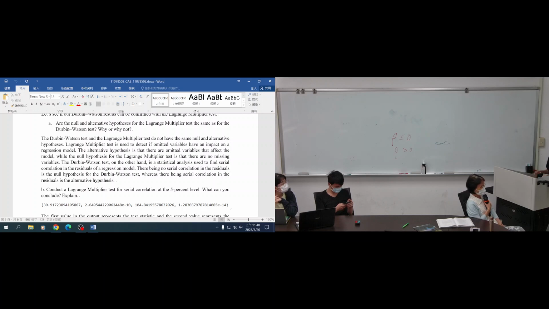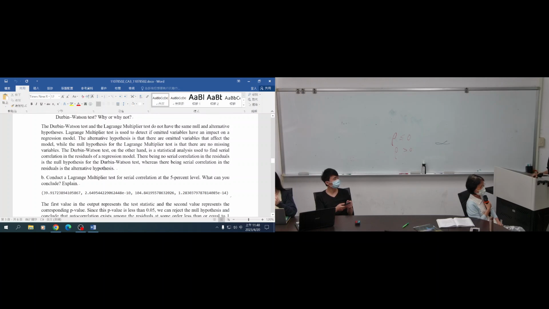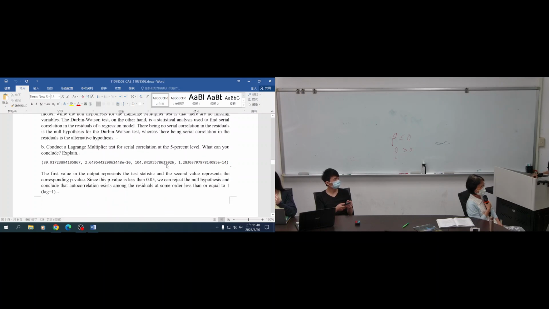The alternative hypothesis there is that there are omitted variables that affect the model, while the null hypothesis for the LM test is that there are no missing variables. The Durbin-Watson test, on the other hand, is an analysis to find serial correlation for the regression model. And this one is the result for the LM test.